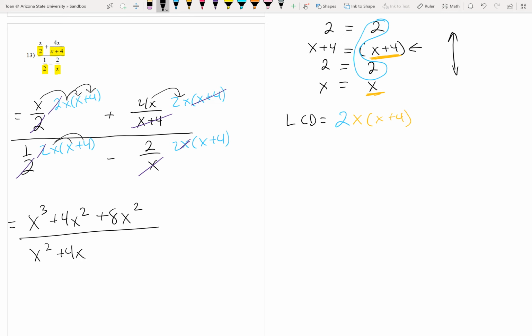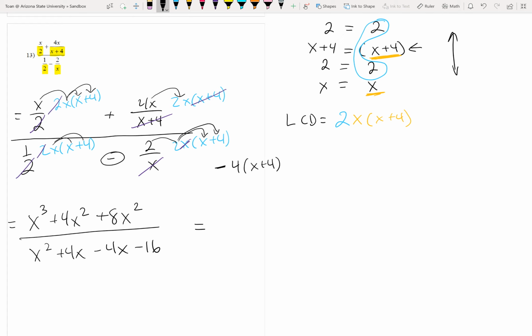And in the denominator, I have 2 times 2, which is 4, and I'm going to distribute the 4 into the x and the plus 4. Do note, however, that we're subtracting this fraction. So instead of thinking of it as 4 times x plus 4, you should be thinking of it as negative 4 times x plus 4, which gives us negative 4x minus 16.